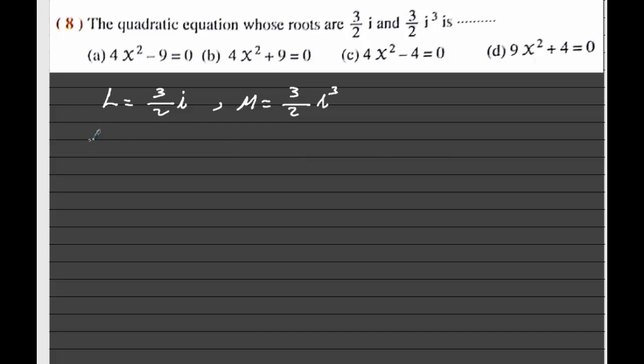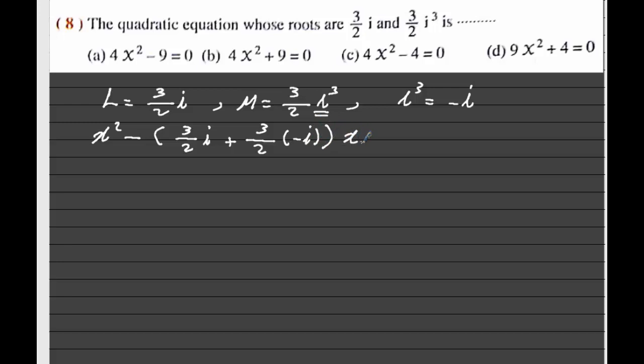So always we write the main rule, x squared minus the sum of the two roots L plus M. So we write 3 over 2i plus the second root, it will be 3 over 2, but here we know that i to the power 3 equals negative i. Okay, so I'll substitute i to the power 3 equals negative i here.